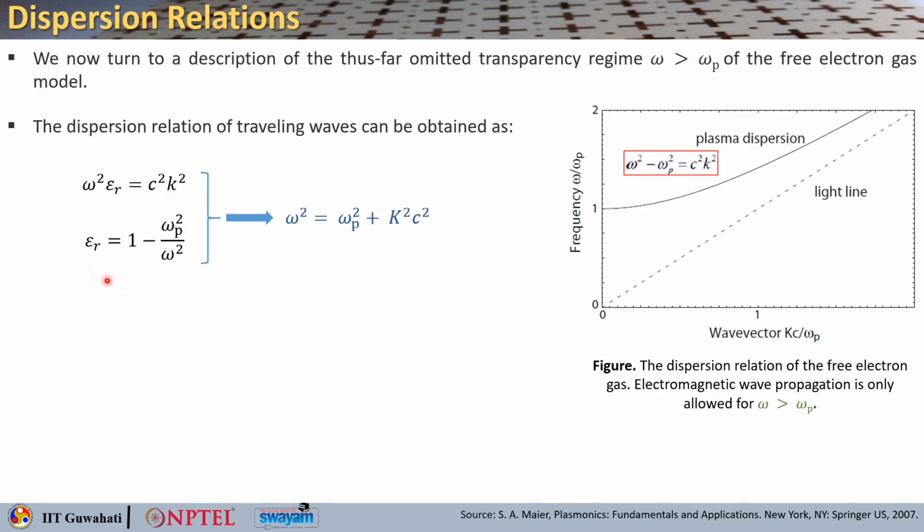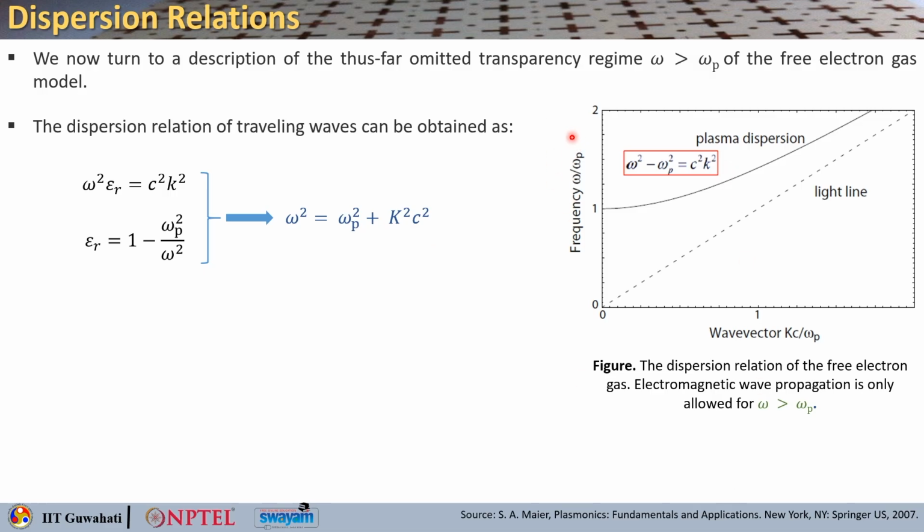Epsilon r we have already written, in the range of transparency, as 1 minus omega p square by omega square. If you put this here, you will obtain a relation omega square equals omega p square plus k square c square.